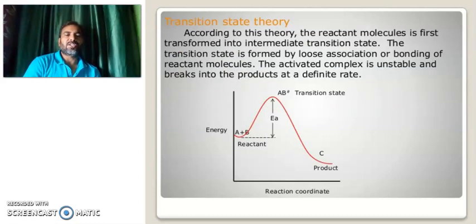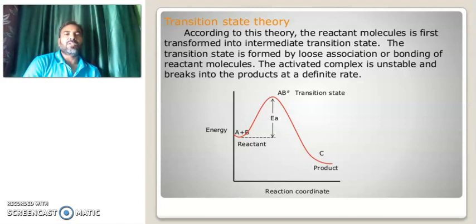Now friends, transition state theory. Transition state theory explains that the reactant molecules are first transformed into an intermediate transition state. The transition state is formed by loose association or bonding of reactant molecules. The activated complex is unstable and breaks into the product at a definite rate. So reactants gain activation energy and give the product.